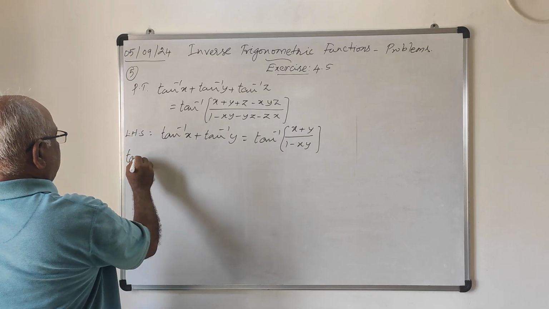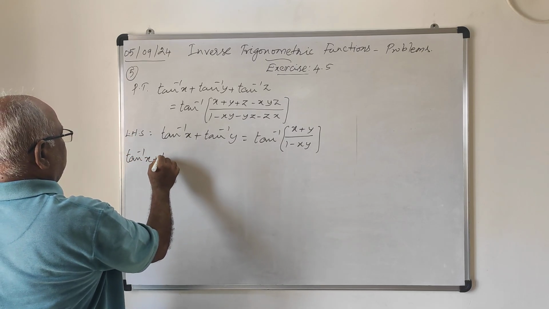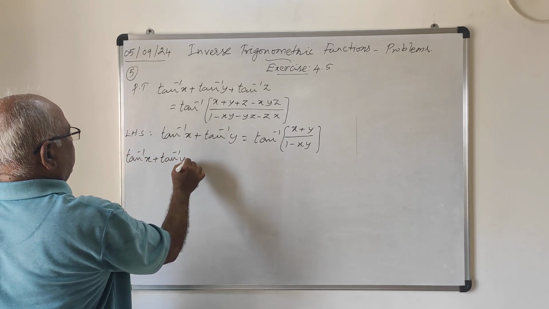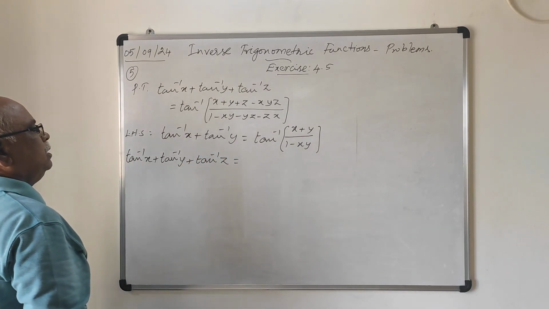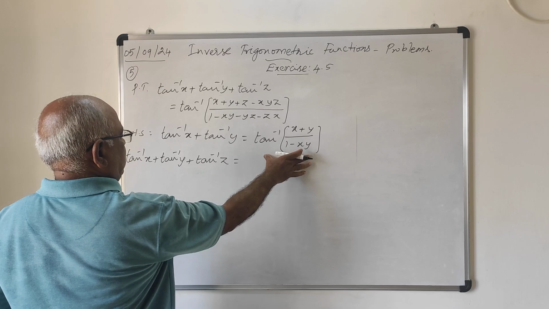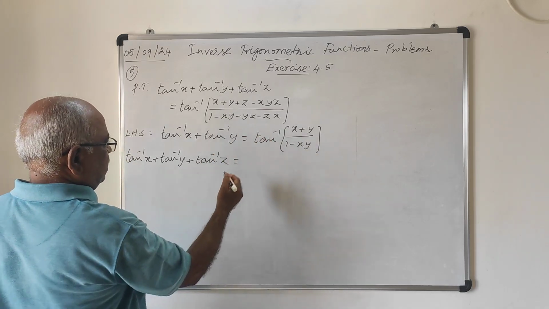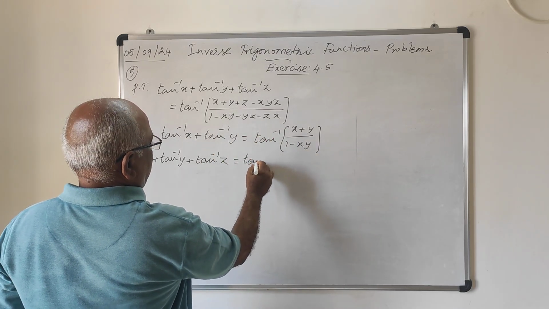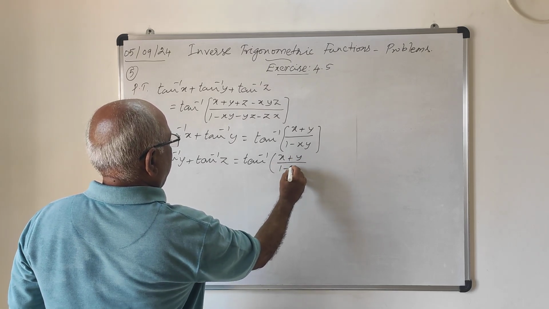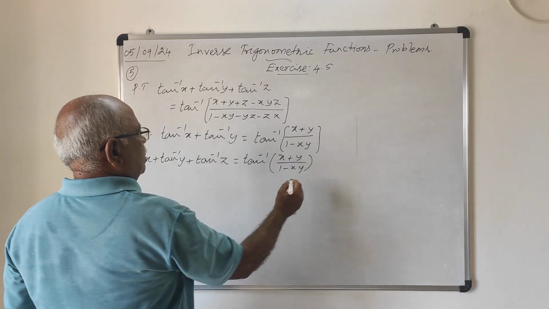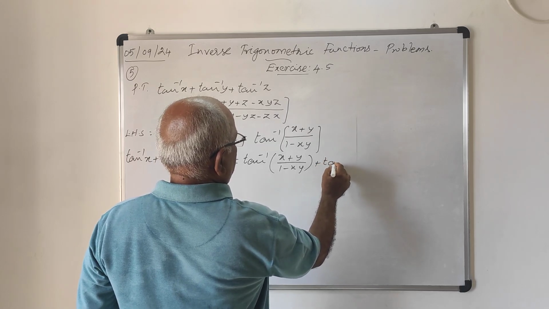Again, tan inverse x plus tan inverse y plus tan inverse of z equals tan inverse of (x plus y) plus tan inverse of z. You have to write this tan inverse of (x plus y) as (x plus y) by (1 minus xy), plus tan inverse of z.